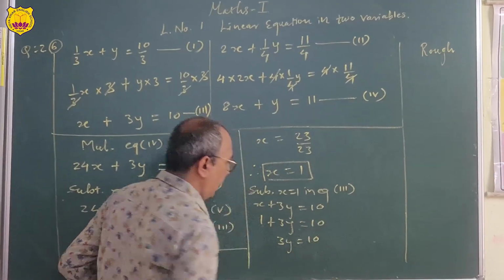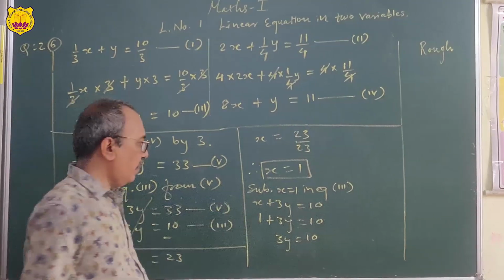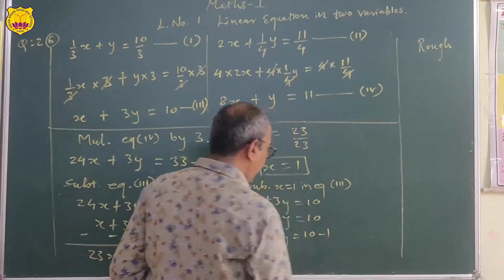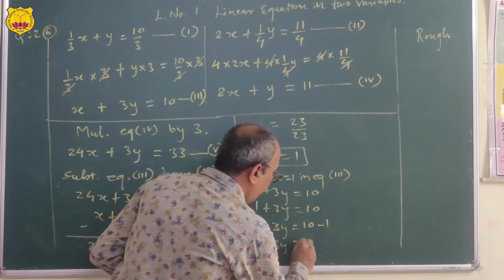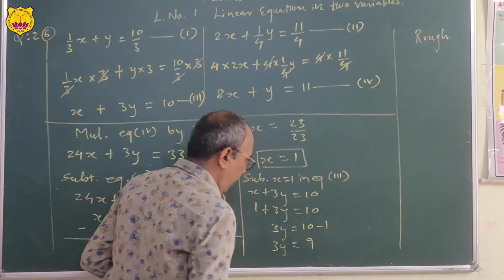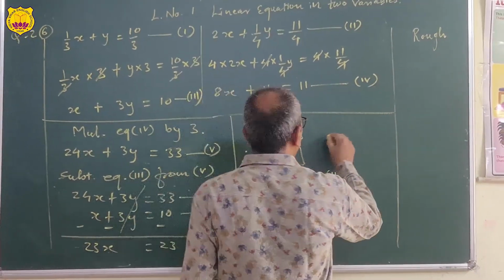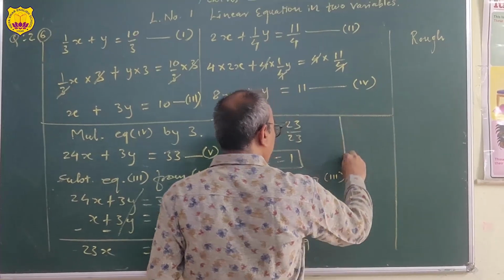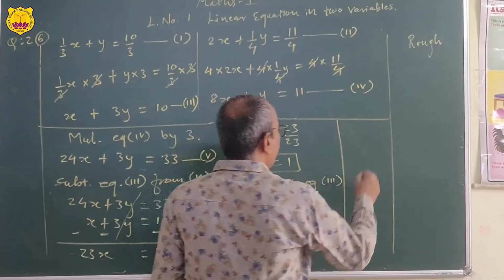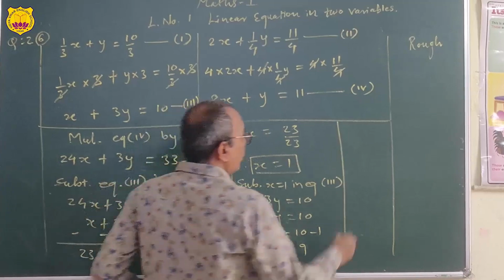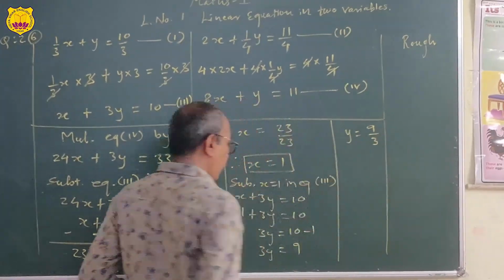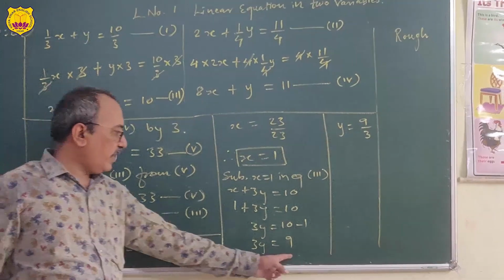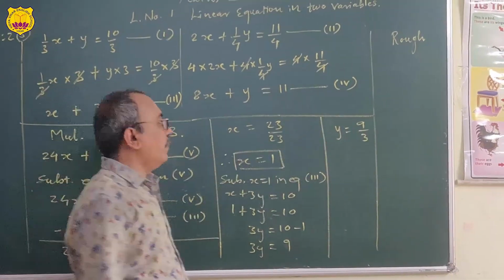3y is equal to 10. Now this 1 will be shifted to the right hand side, minus 1. It will become minus 1. So 3y is equal to 10 minus 1 is 9. And therefore y is equal to 9 upon 3. This 3 is shifted downside there.